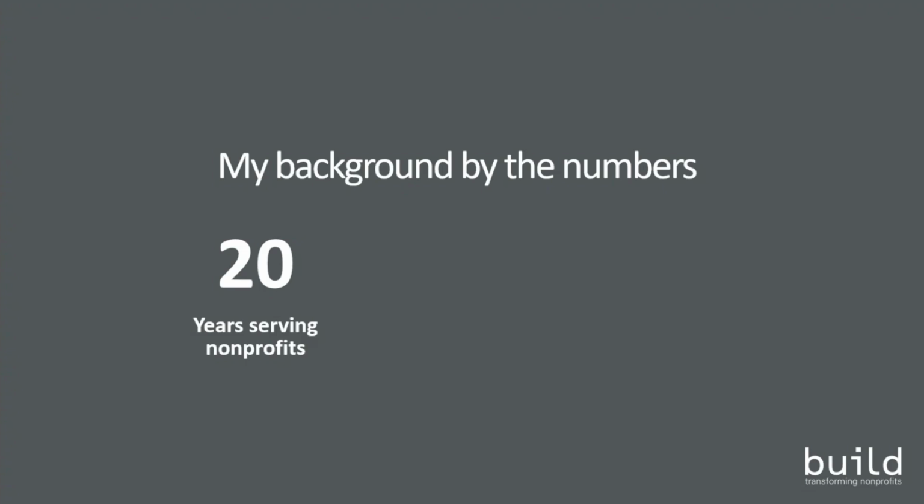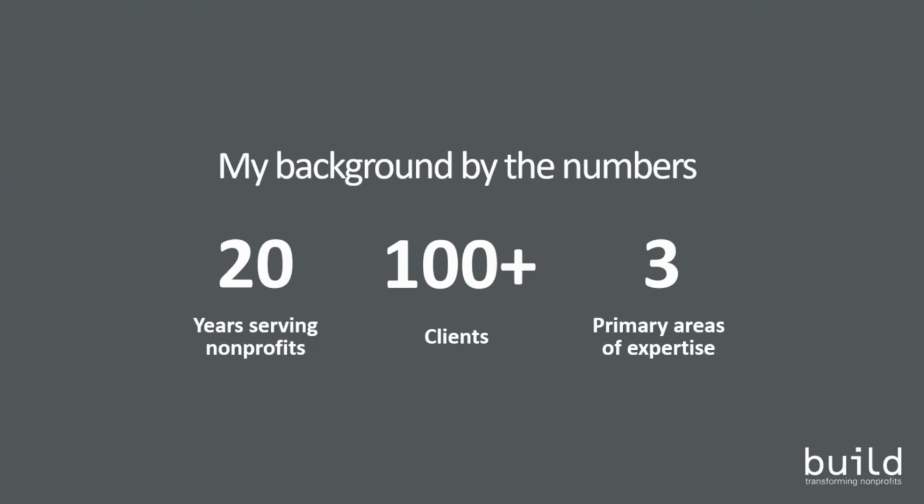And over the past 7 years, I've worked exclusively with nonprofit organizations. Over the course of my career, I've worked with over 100 clients in the nonprofit, government, and for-profit spaces, and roughly 30 to 40 of those have been nonprofits. And I have 3 primary areas of expertise: marketing, constituent relationship management, and information strategy, which is the subject of today's presentation.